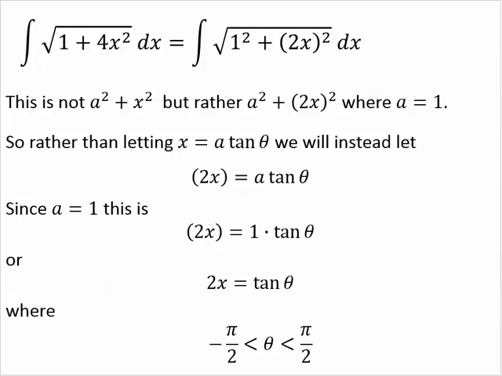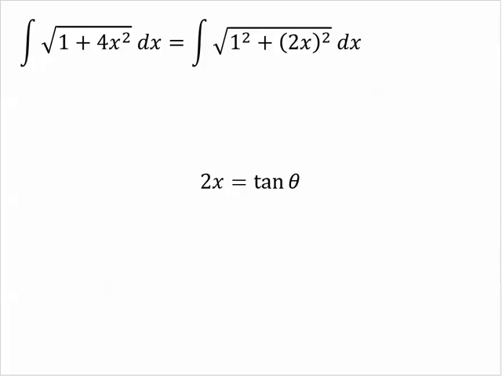The book handles it a little bit differently, and so you may want to look at the book to see how they do it. But I just thought I would give you another option here for solving a problem such as this. All right, so if you do the substitution 2x equals tangent theta, then what would be dx? Well, let's see. Take the differential of both sides.